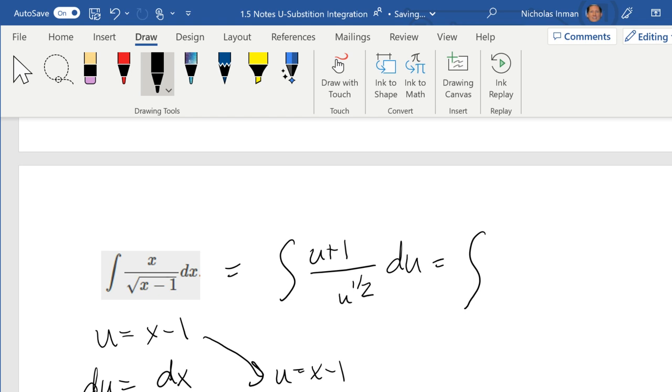Right? Well, it turns out you can split apart a fraction when it's addition or subtraction on the top. Do u over u to the 1/2 plus 1 over u to the 1/2. Well, u over u to the 1/2, we subtract those two exponents.